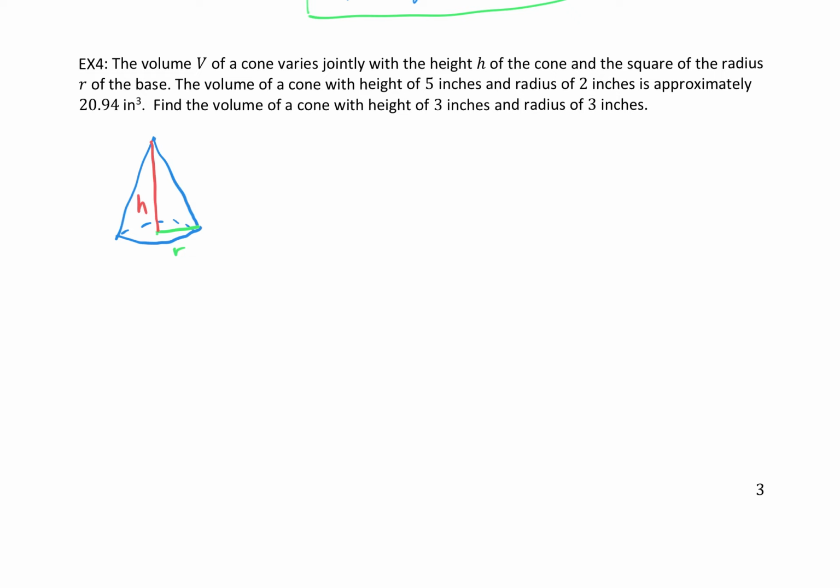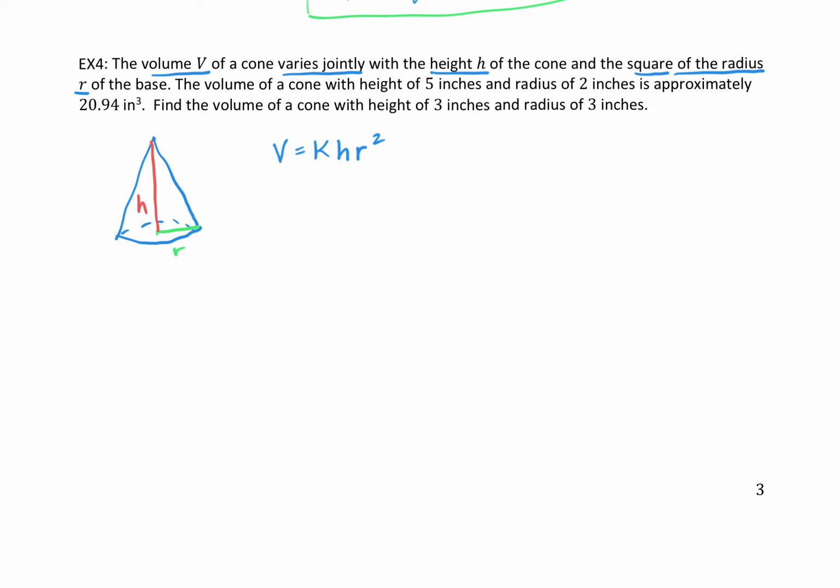So this is our cone, and the volume V, it varies jointly. So I know that V is going to vary jointly. I have my K. It's going to vary with the height, H, of the cone and the square of the radius, R, of the base.